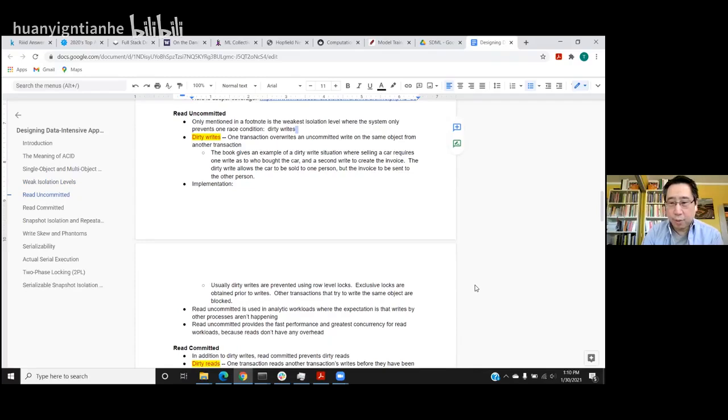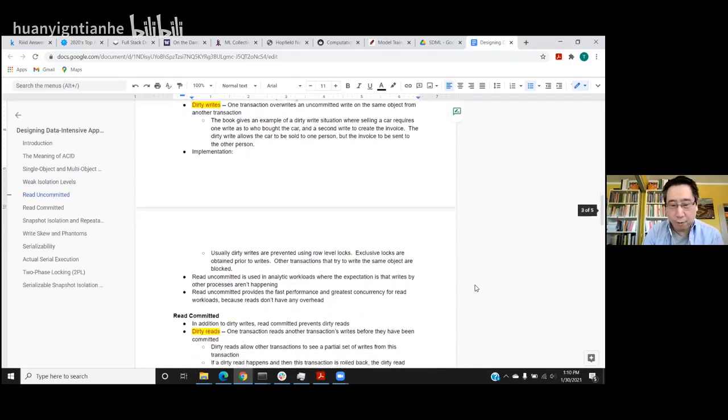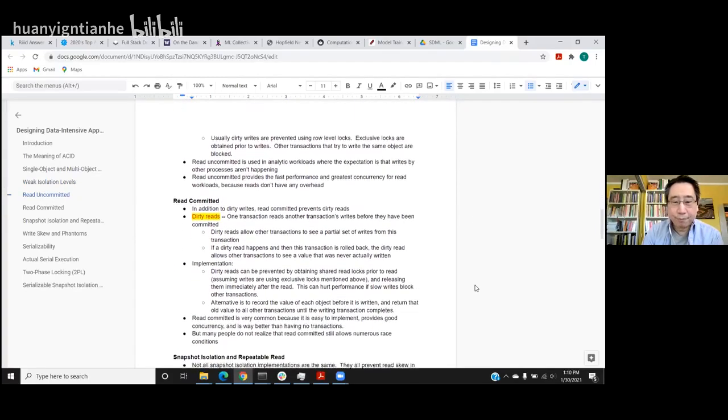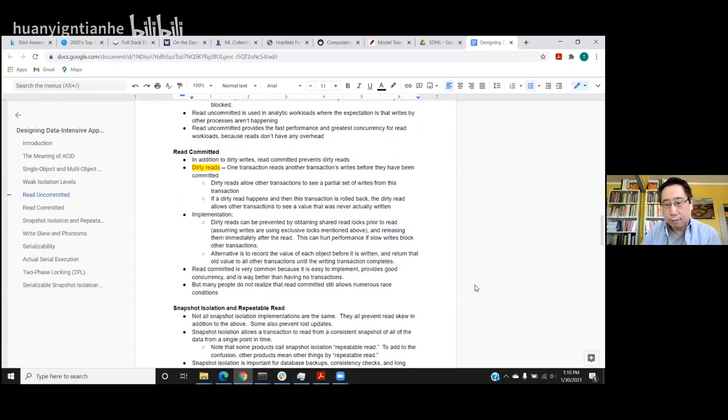Okay, so dirty writes is usually pretty straightforward to understand. Dirty reads, a little bit more complicated, but not too difficult to understand. Basically, this is the idea that another transaction can be reading and end up with a partial subset of your information.